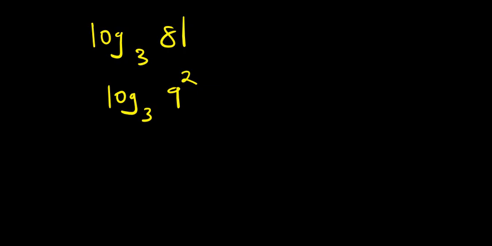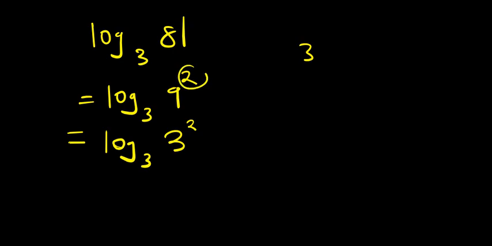However, I can simplify it further: log 3, the 9 is the same as 3 squared, because 3 squared gives us 9. So I can put 3 squared, but now don't forget there's another square there. So I'm going to put the square like that.